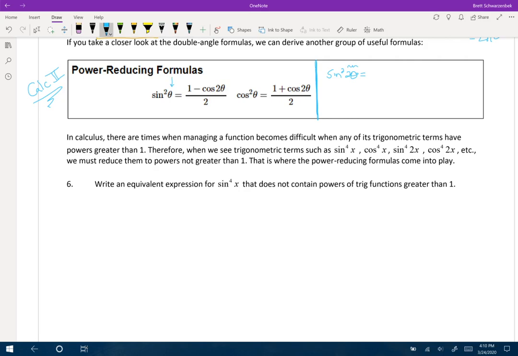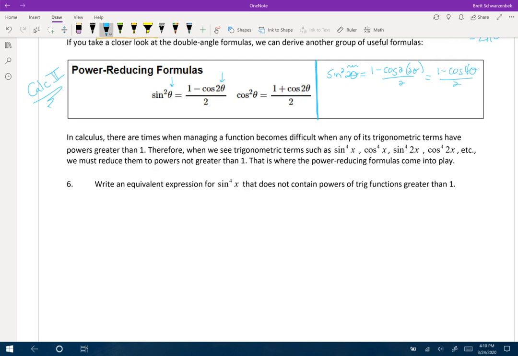So all we have to do is put the double theta right here when we do the calculation. So watch. 1 minus cosine 2 times double theta over 2, and if you multiply that, that's actually equivalent to 1 minus cosine 4 theta over 2.